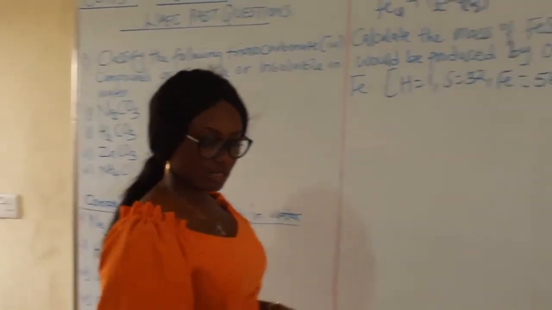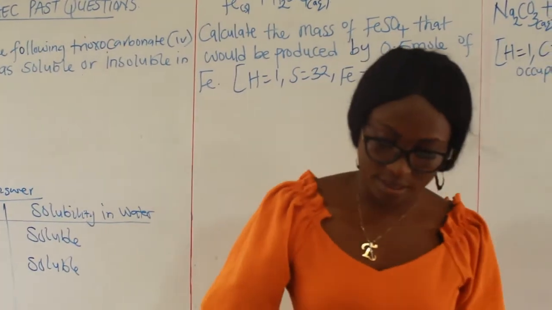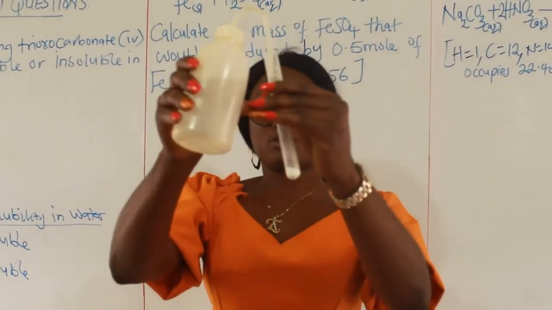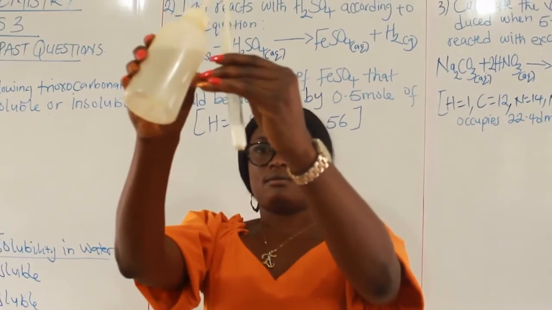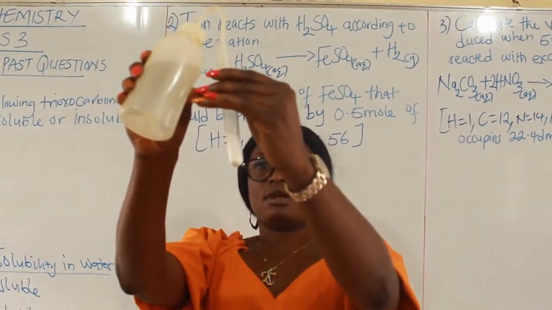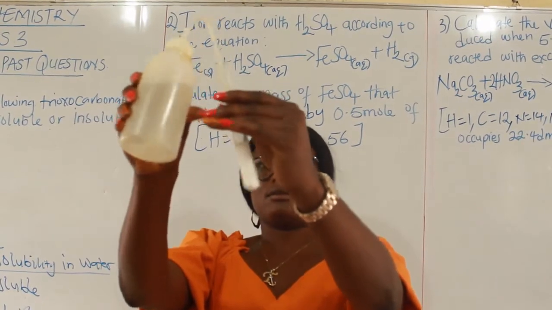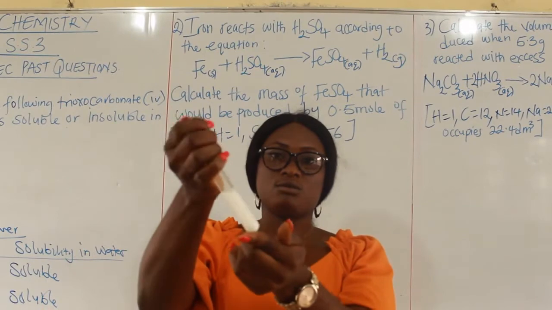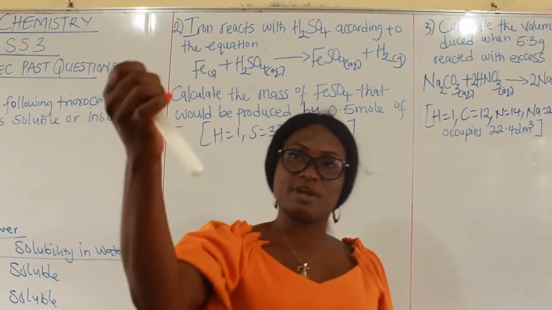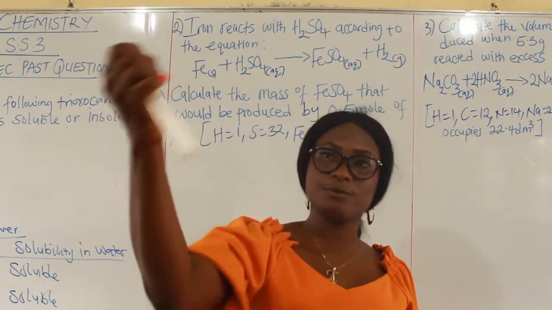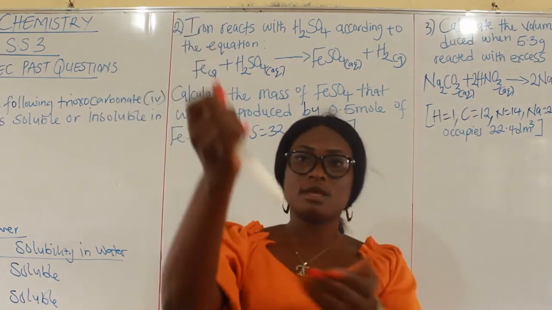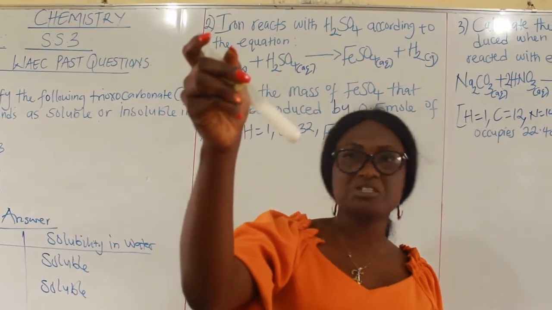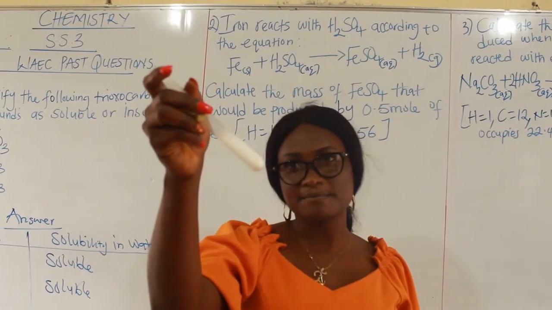The next one is zinc carbonate. The same thing, same process. So we add water. Just observe. Now, shake very well. Okay. Now you observe. Look at the bottom. The solution is not clear.